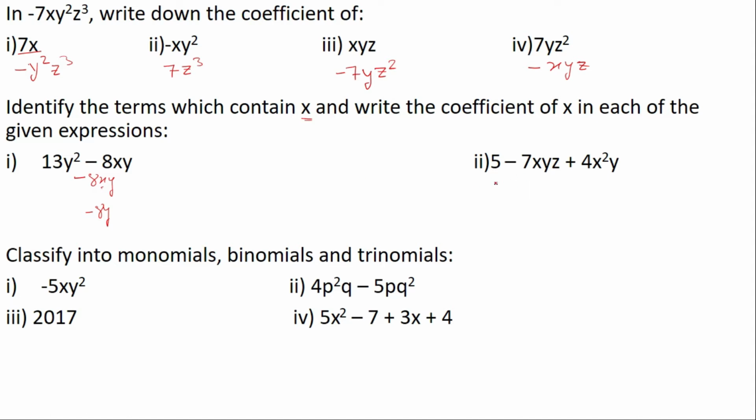In the next one we are having two terms containing x, one is minus 7 xyz and next one is 4x square y.